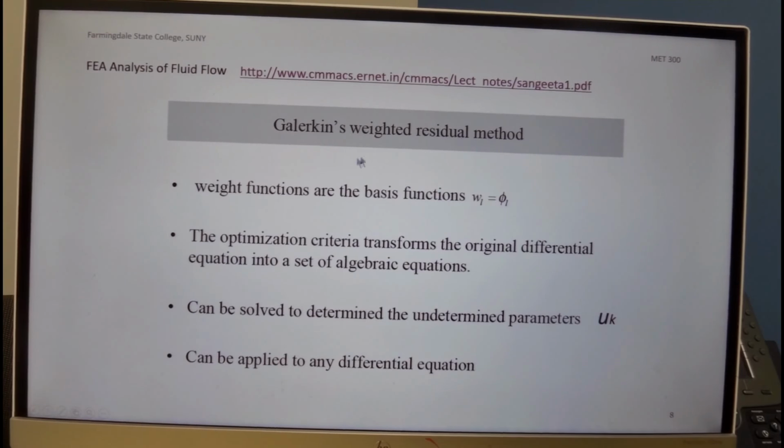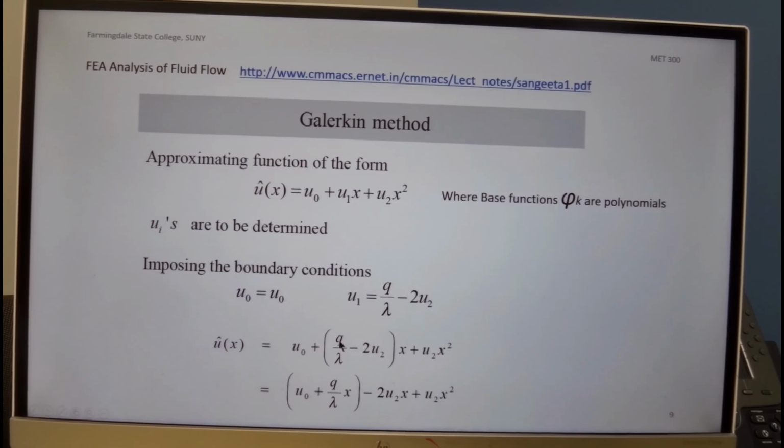Now, in the Galerkin method, the weighting function and the base functions are identical. And then we use this equation in order to come up with algebraic equations, and then they can be solved to determine the unknown nodal values.